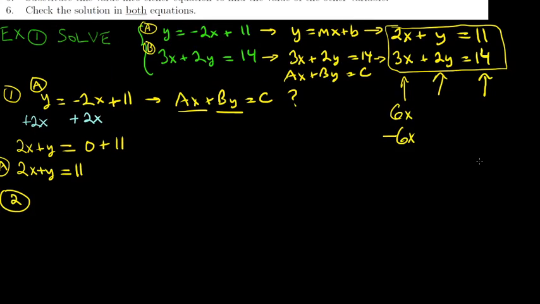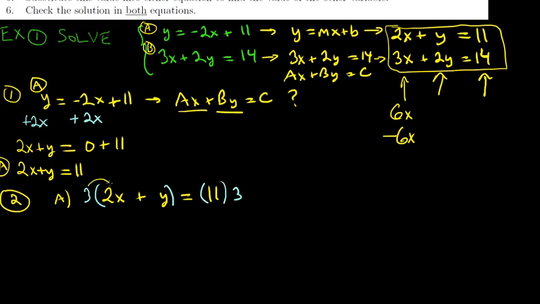Let's take the first equation, equation A, in its standard form: 2x plus y equals 11. Somehow we want to get this 2 to be a 6. We can do that by multiplying by 3, since 3 times 2 is 6. But if I multiply the left side by 3, I have to multiply the right side by 3 as well.